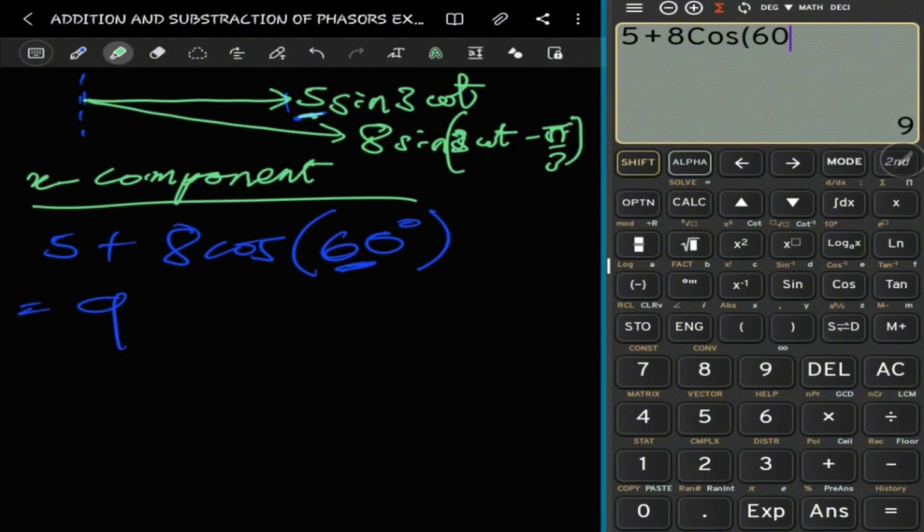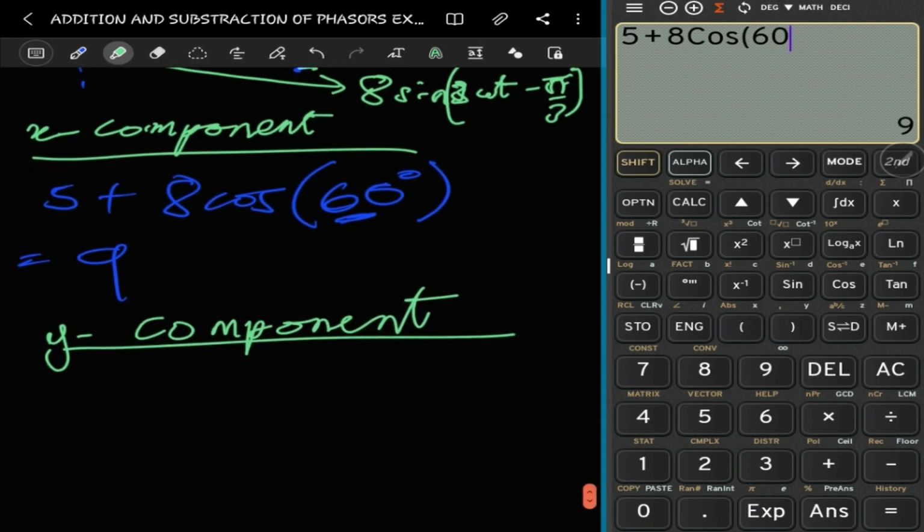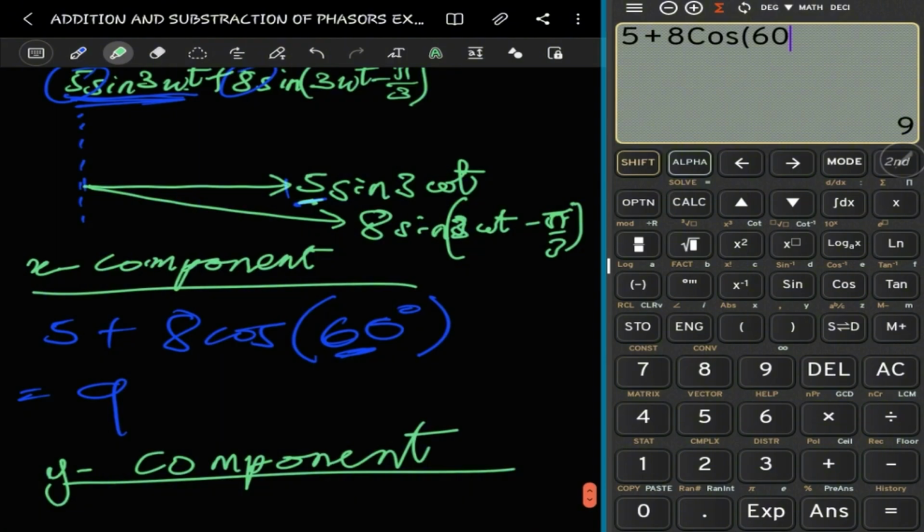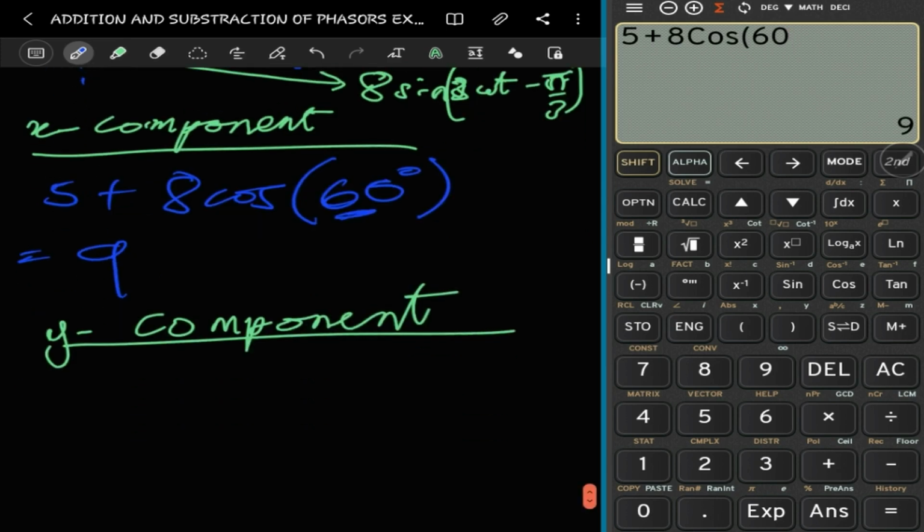Okay, now the y component. Let's go back to the diagram, just to make sure it's clear. Because this one is in line with the x-axis, its y component is 0. So we have 0 plus 8 sine 60 degrees.